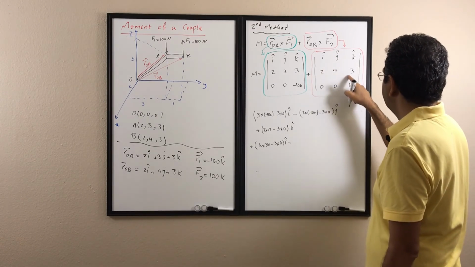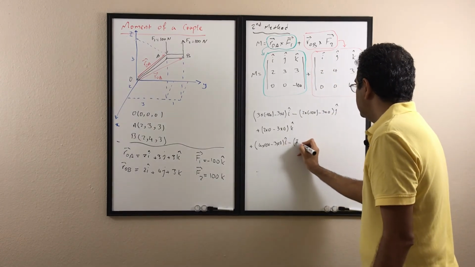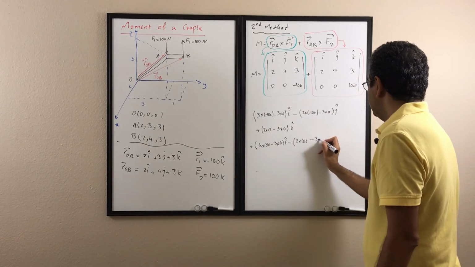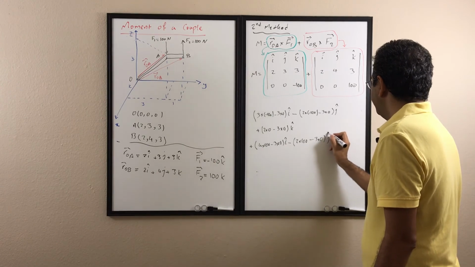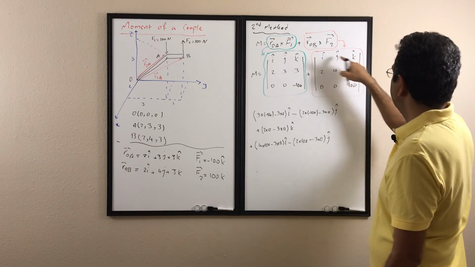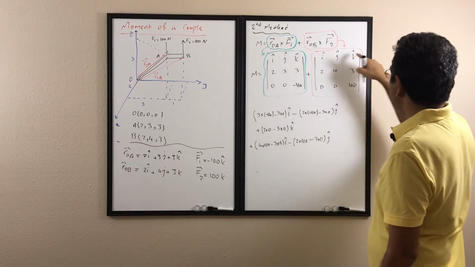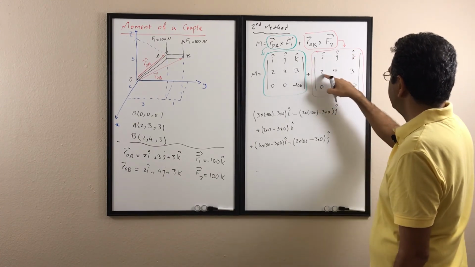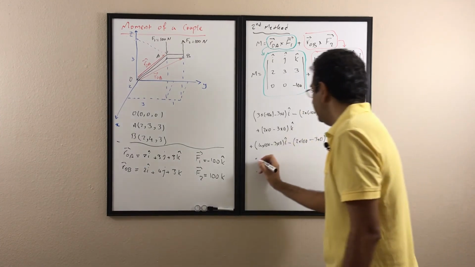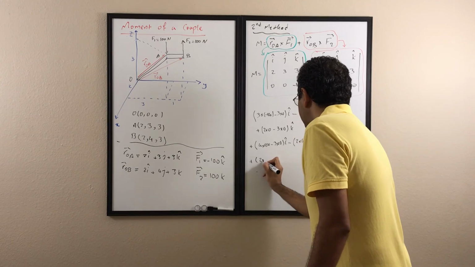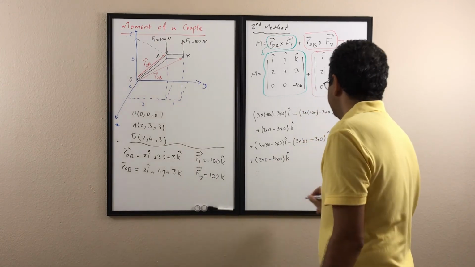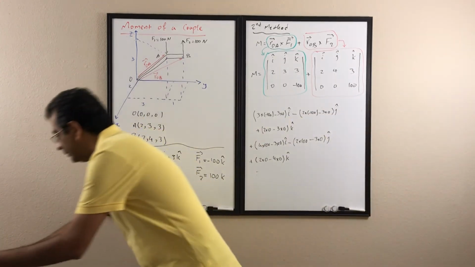So it's 2 times 100 minus 3 times 0, j. Then the third column, which is k, remove the row and the column k is in and calculate the determinant for the rest. So it's 2 times 0 minus 4 times 0, k. Again, the same thing here.